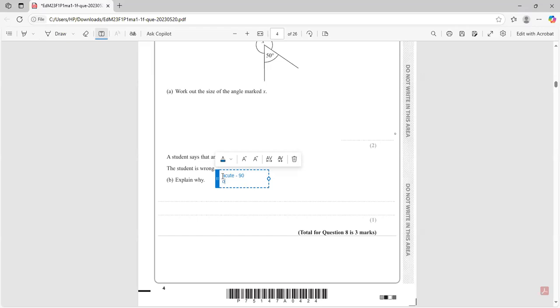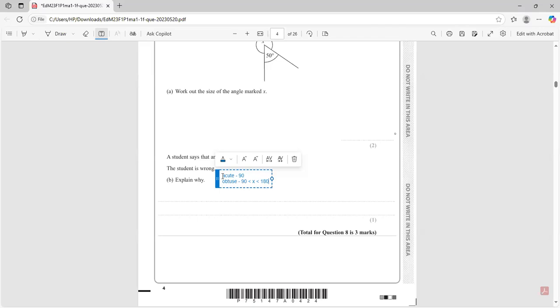Obtuse angles, which are the next grouping, are those that are greater than 90. Yes, this is how you would represent them technically. 90 is less than them, but they are less than 180, right?